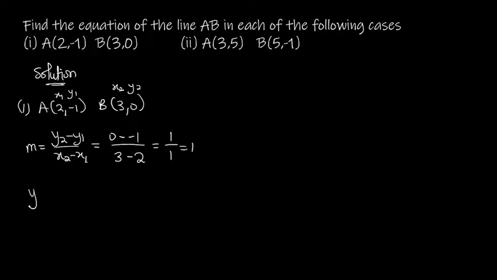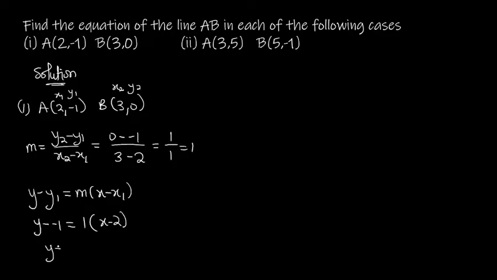So therefore I write down my expression y minus y1 is equal to m into bracket x minus x1 in order to find the equation of my line AB. I do the necessary substitution, that is y minus y1, which is negative 1, is equal to 1 as the gradient, and x minus x1, where x1 is 2 over here.